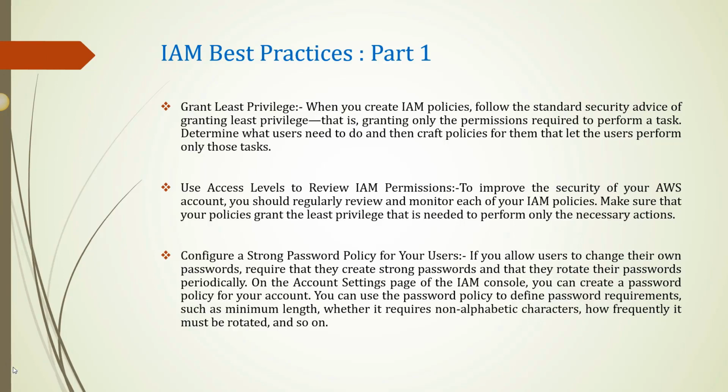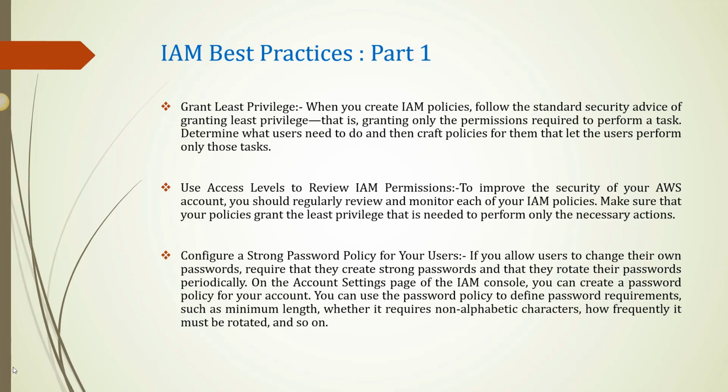Fifth best practice of IAM is grant least privilege. When you create IAM policy, follow the standard security advice of granting least privilege. That is, granting only the permissions required to perform a task. Determine what users need to do and then craft policies for them that let the user perform only those tasks.